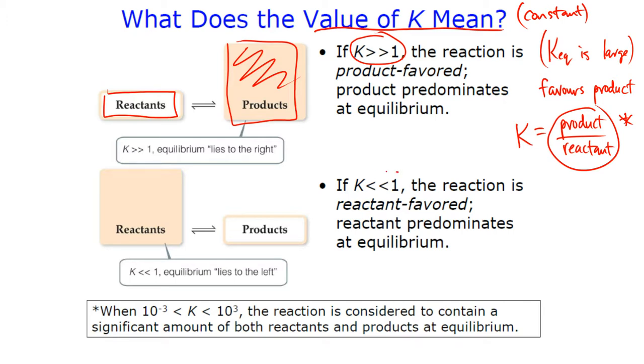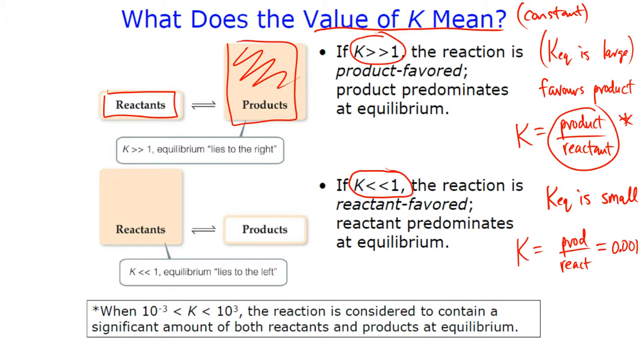At the bottom, if KEQ is very small, much less than 1, then we have a reaction that favors the opposite direction. Again, how does products divided by reactants give us, let's say, 0.001? How do we get such a small decimal?